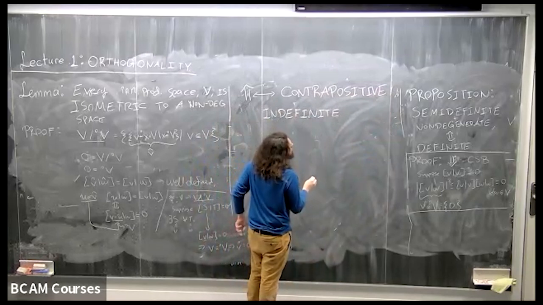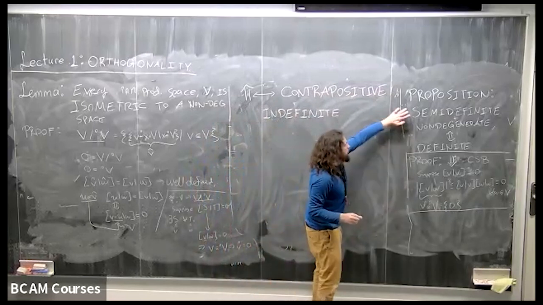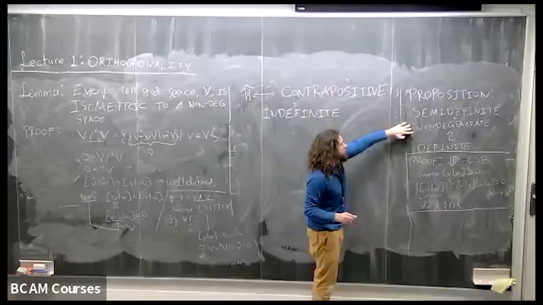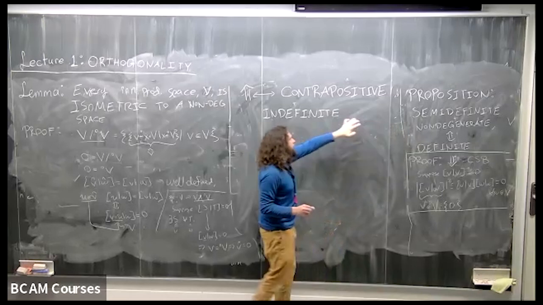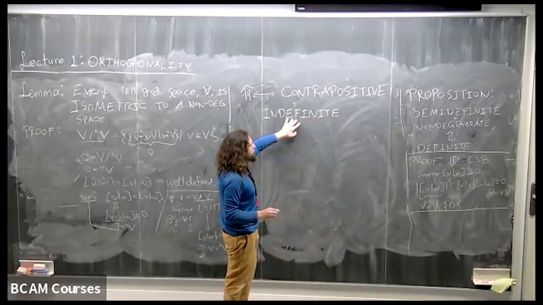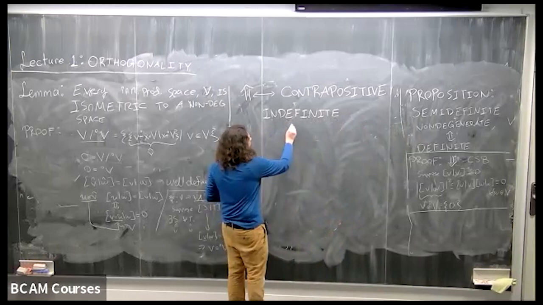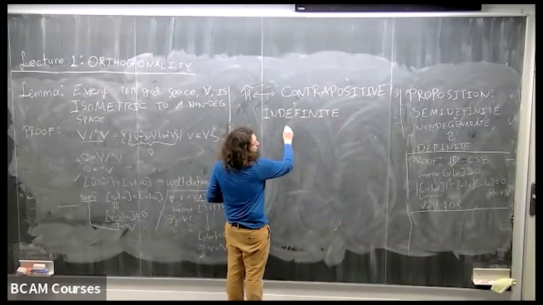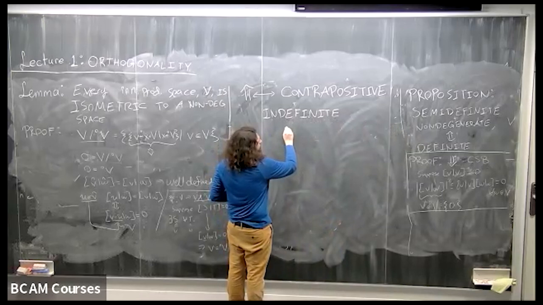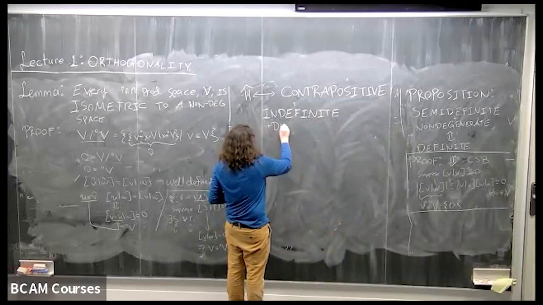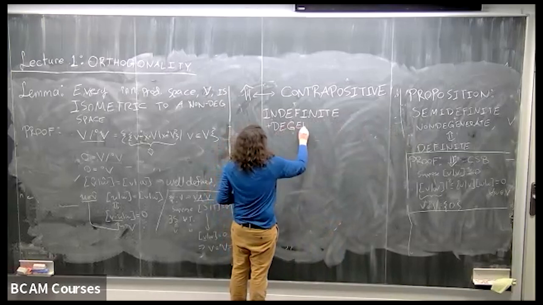If definite implies semi-definite and non-degenerate, then we would have indefinite, because indefinite is the opposite of semi-definite, and degenerate.